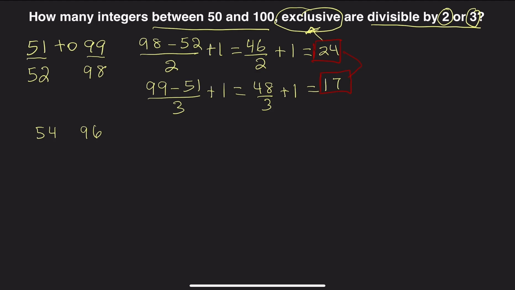Let's use the formula: 96 minus 54, divided by 6, plus 1. So that is 42 divided by 6 plus 1. This equals 8. As you can see, there are 8 integers that have to be removed or subtracted.